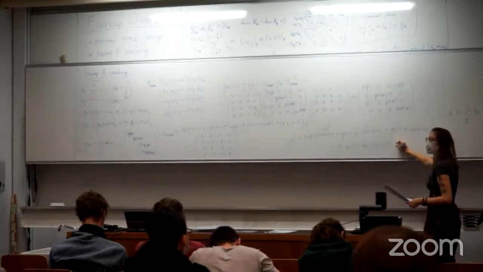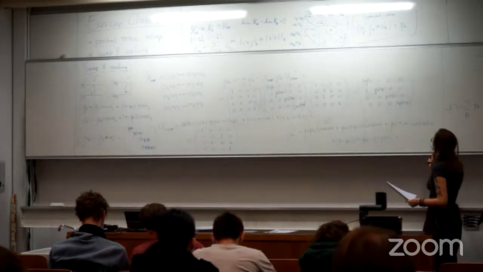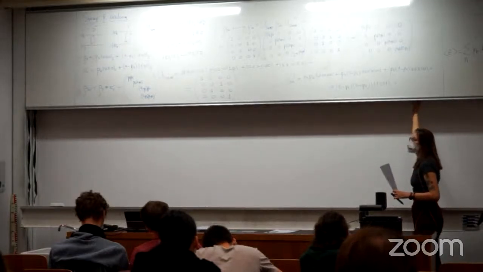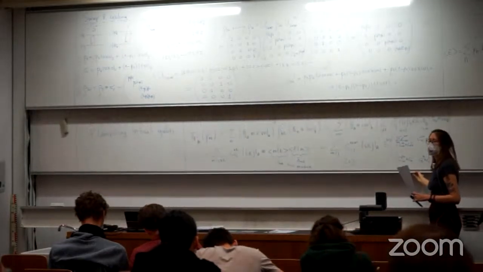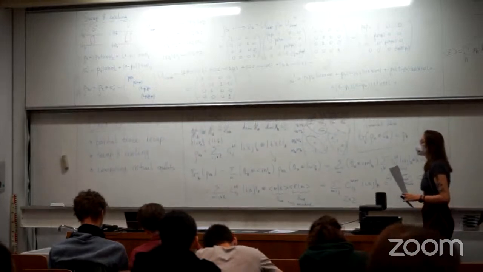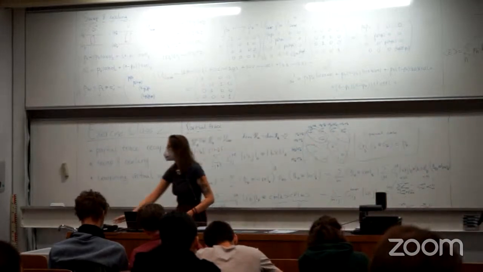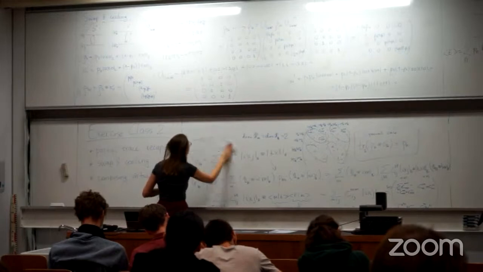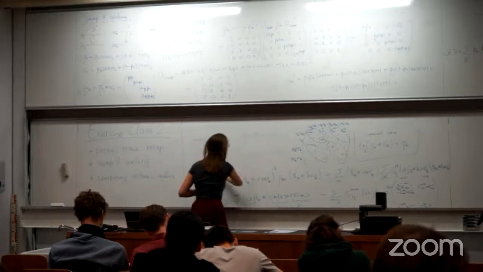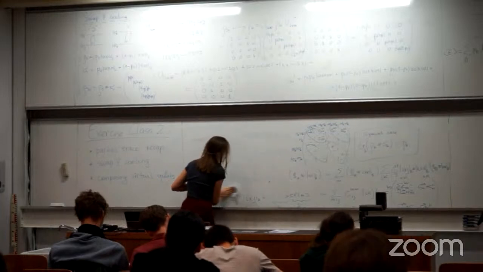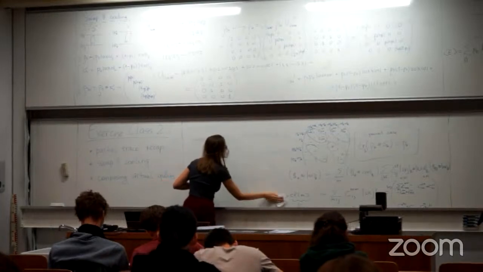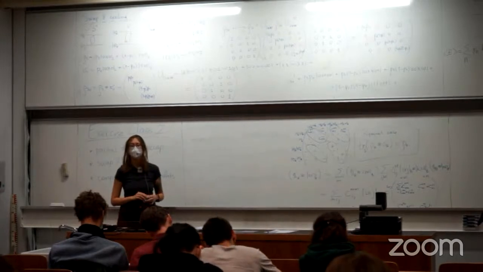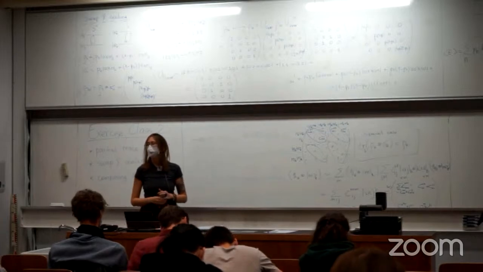Okay. Can someone already tell me how I should factorize this in order to come back to the tensor product of two systems? Any suggestions?